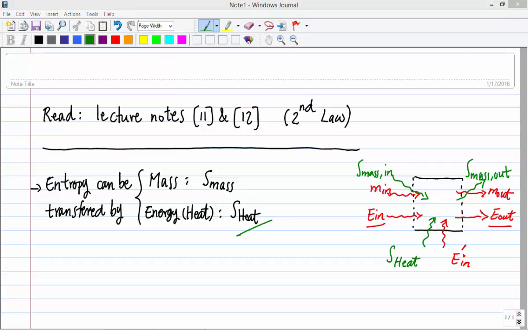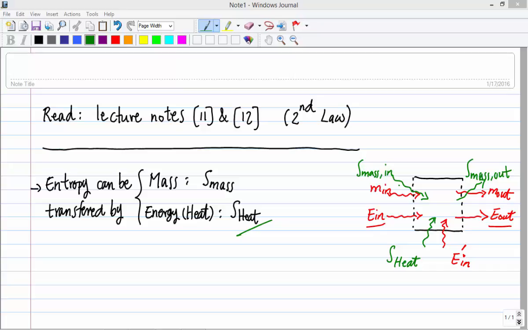And besides all these different entropies that can be transferred by mass or energy, the entropy of a system can change if it is generated in the system. So all the systems that we have in nature, when a process happens, regardless of whether we have heat transferred or mass transferred, let's say it's closed and isolated, and a process is going on. There's no heat, no mass.